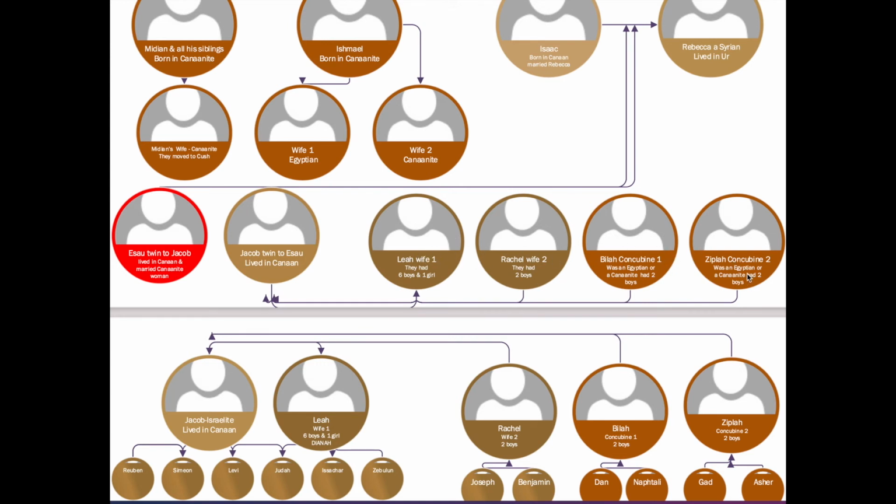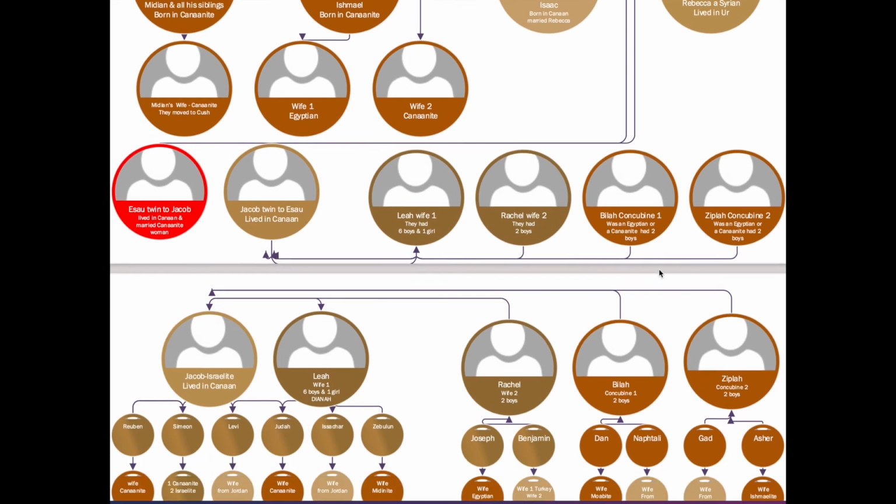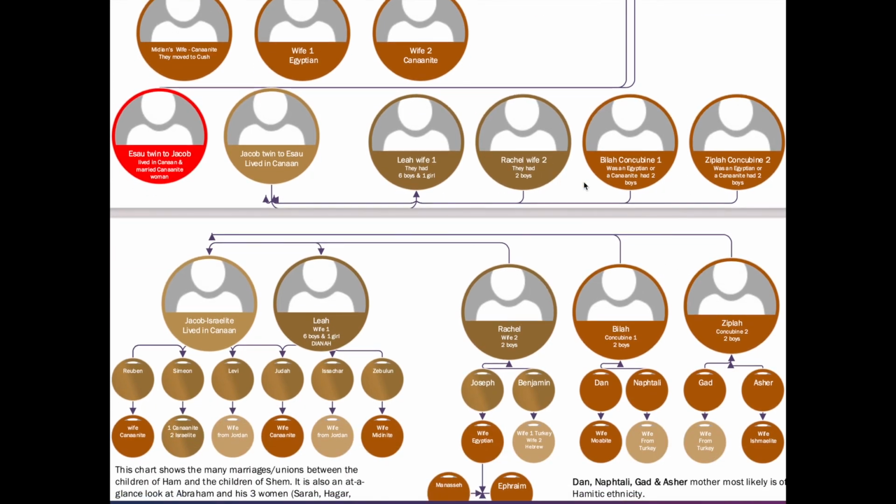The ladies don't look the same at all. These 2 may look the same because they're sisters. These 2 have nothing to do with each other and nothing to do with these 2 biologically. So they're different women. So we have 3 groups of women creating 12 boys and a girl.